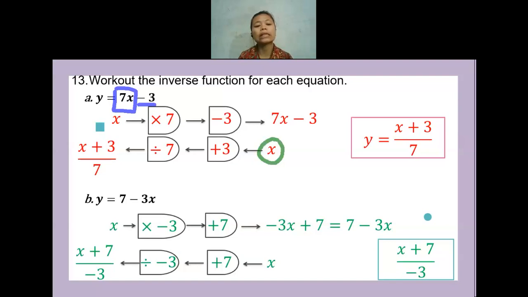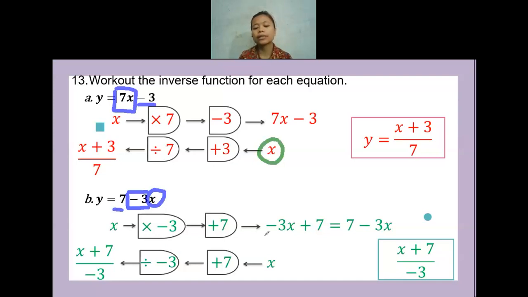For question 13B, we have 7 minus 3x. I told you we need to focus on the letter x. Now the letter x here is multiplied by negative 3. After that, there is another number, 7, which means I add 7.